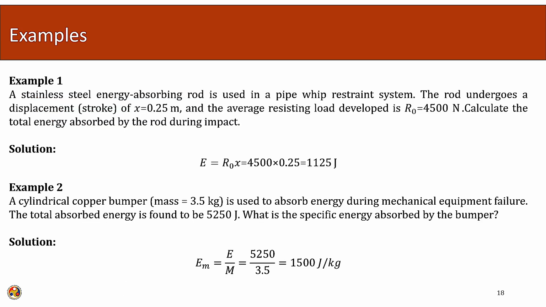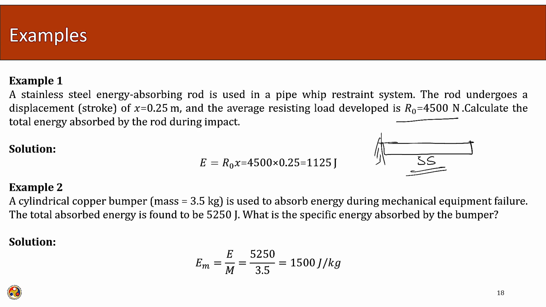So, we will be looking into some examples. Let us say we have a stainless steel energy absorbing rod. This is an SS rod and it is used in a pipe whip restraint, as a strut material. The rod undergoes a displacement stroke of 0.25 meters and the average resisting load developed is 4500 Newton.